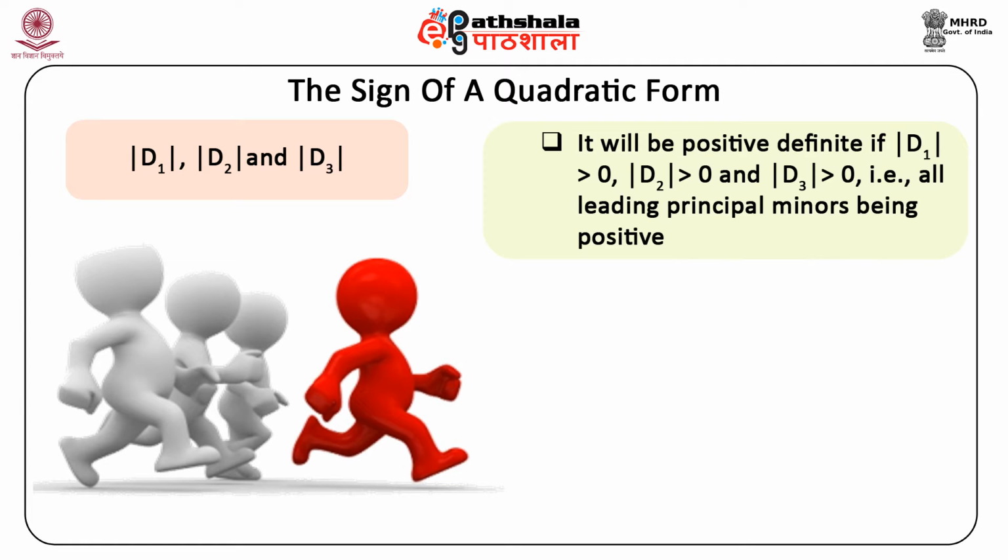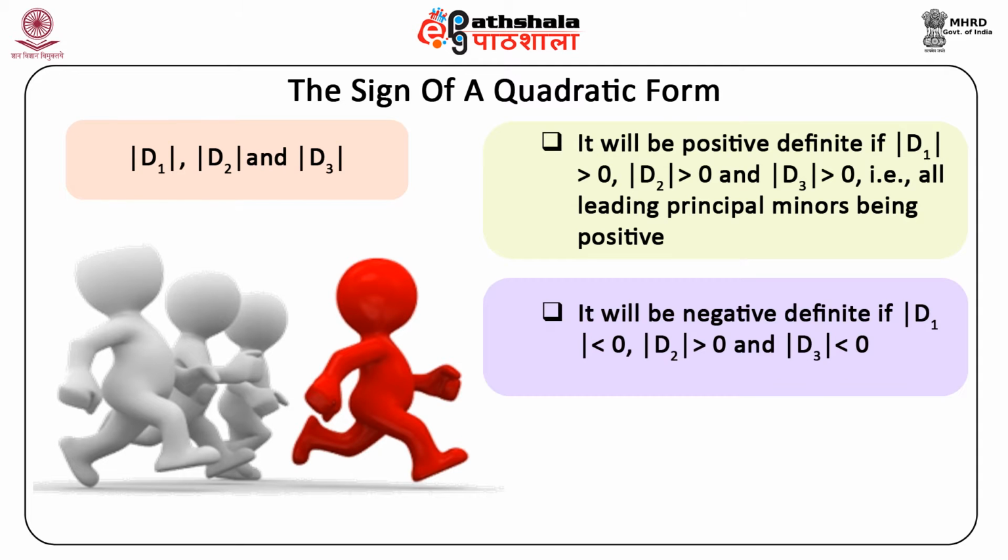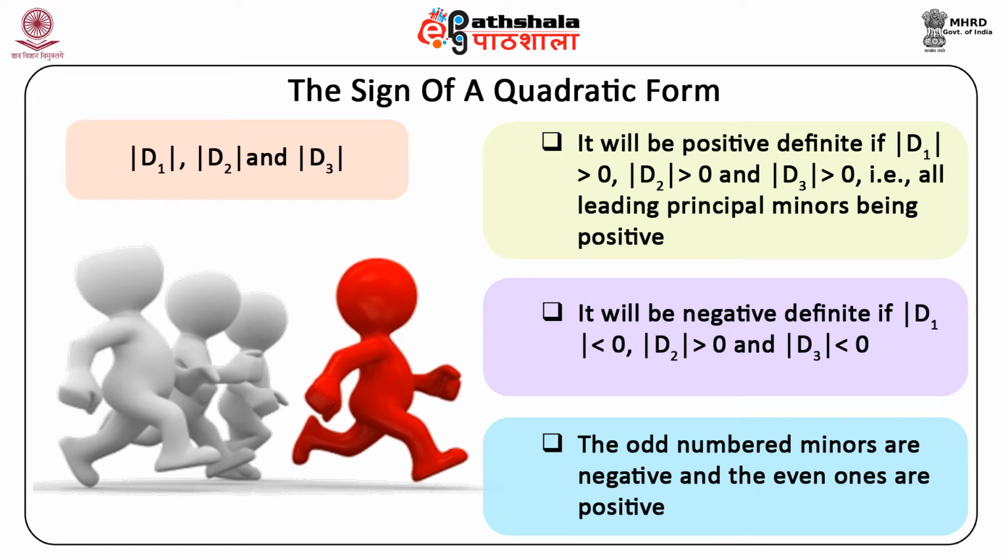Then it will be positive definite if determinant d1 is greater than 0, determinant d2 is greater than 0 and determinant d3 is greater than 0, that is all leading principal minors being positive. It will be negative definite if determinant d1 is less than 0, determinant d2 is greater than 0 and determinant d3 is less than 0. The odd numbered minors are negative and the even ones are positive.